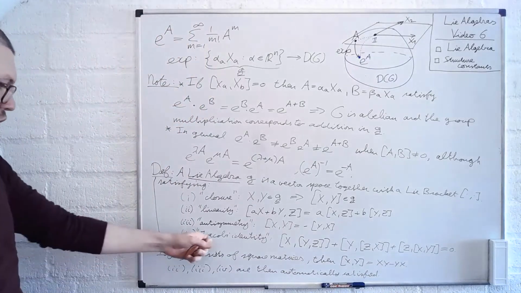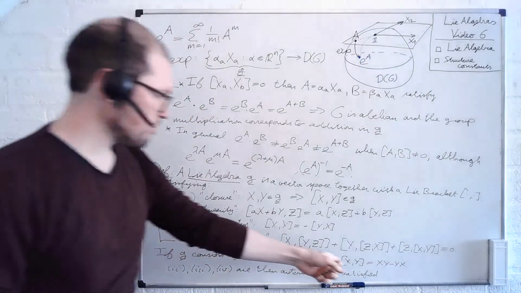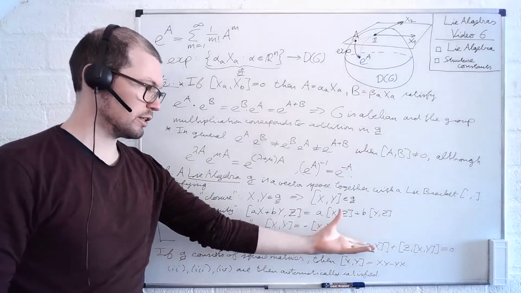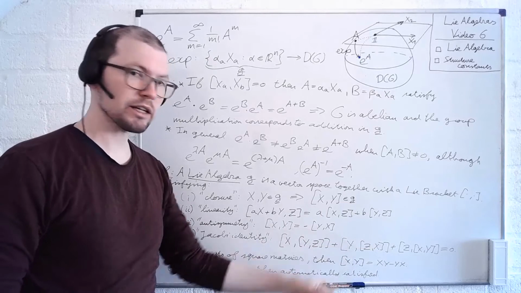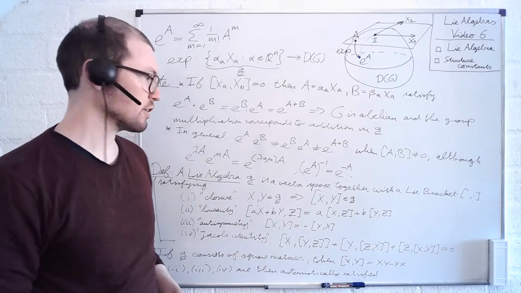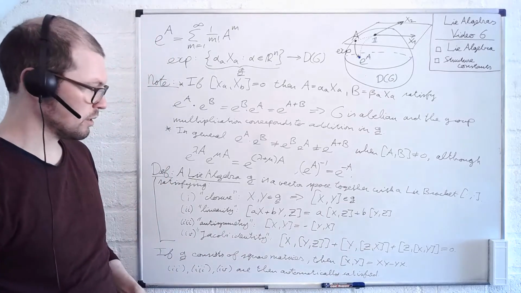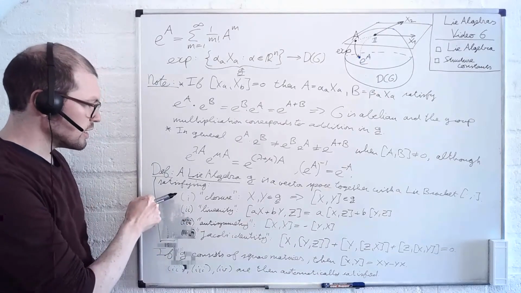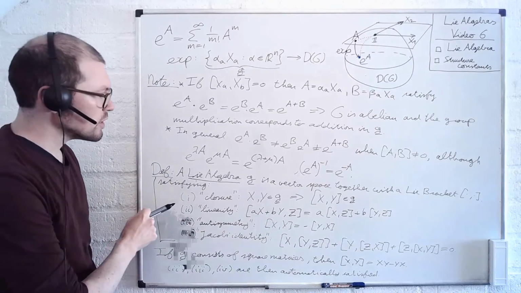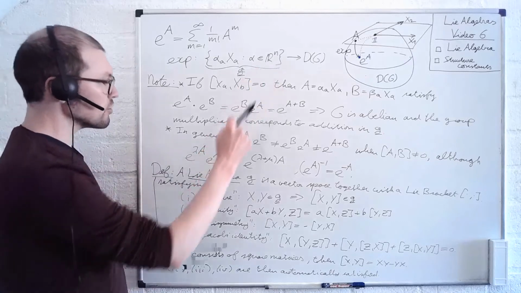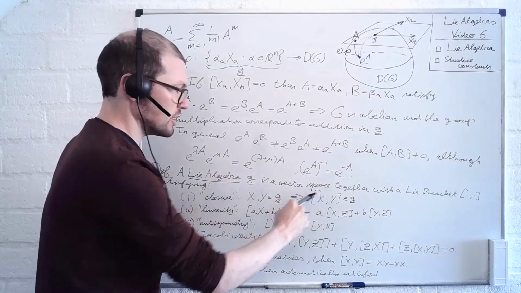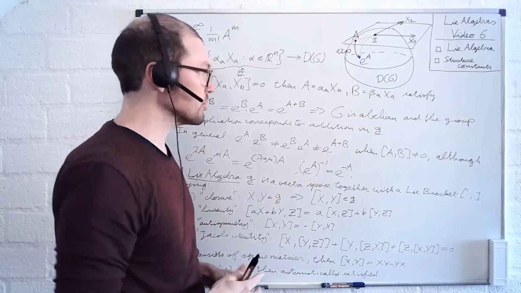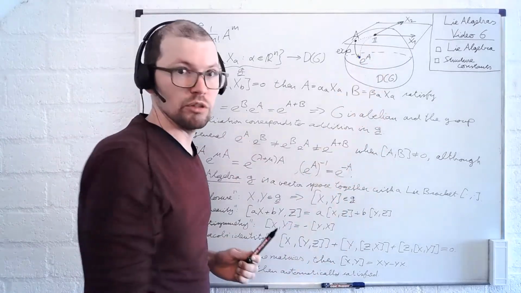And the fact that the Jacobi identity is satisfied for the commutator, you can just check by working out the brackets, and this you will do in an exercise. Okay, so the only real non-trivial point that we have to show is that whenever you take the commutator of some generators of a Lie group, it is again a generator. And this will really capture the non-trivial information about the group multiplication structure.